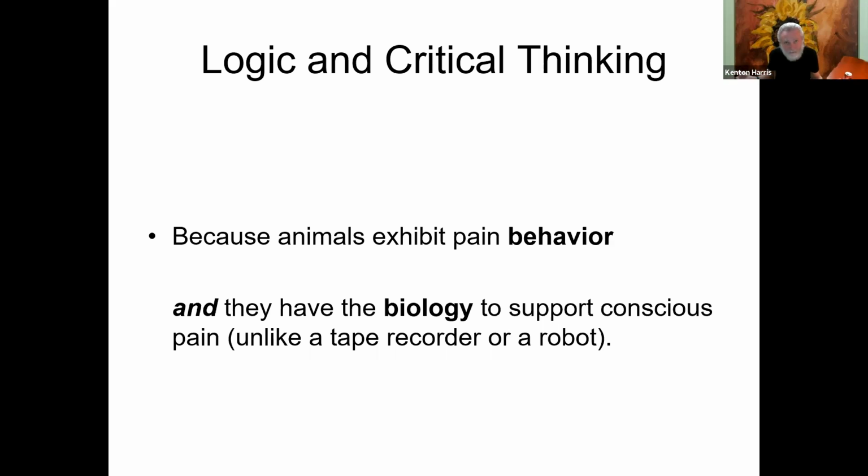Pain doesn't happen. It only happens when that impulse makes its way to this central processing unit, which is my brain. So if you don't have the biology to support conscious pain, then the behavior does not give us hands down reason for thinking that it's got the actual conscious experience of pain.